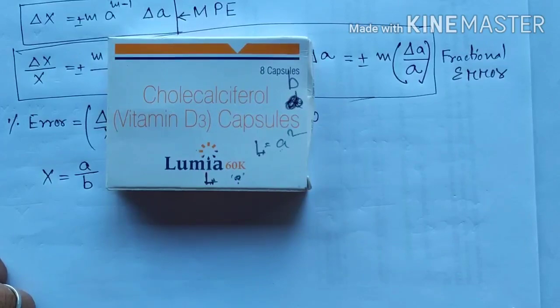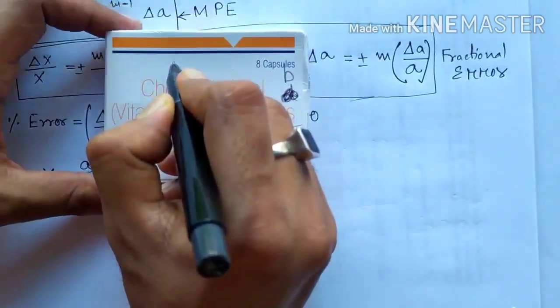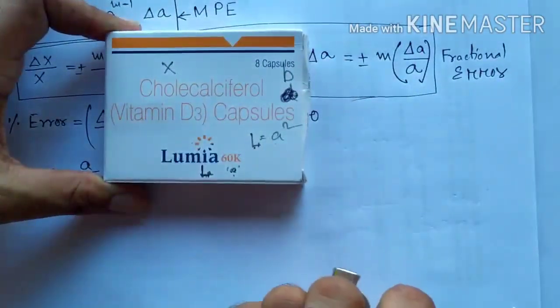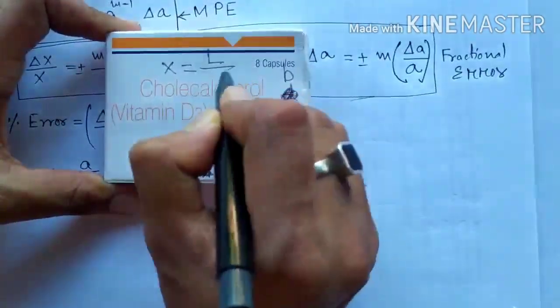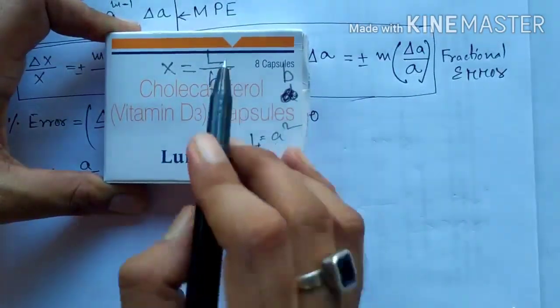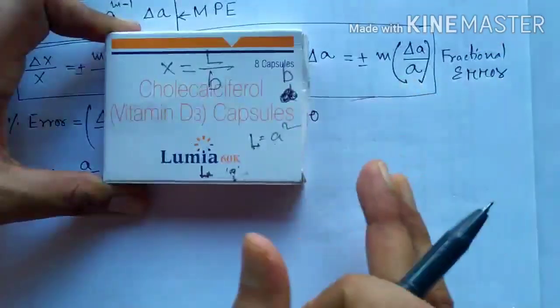That means I want the quantity x, the result which I obtain, and so what I want is L divided by B. So here this L, if I represent by A, then it will be A by B. So this is the very meaning of x equal to A by B or L by B or anything you represent.